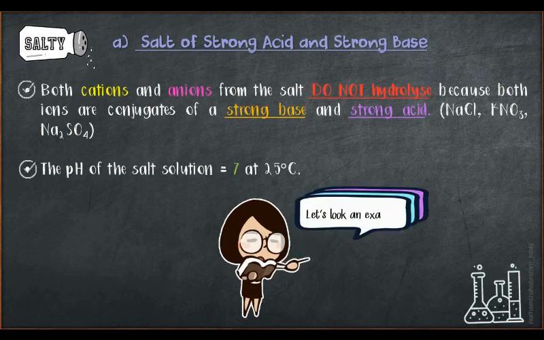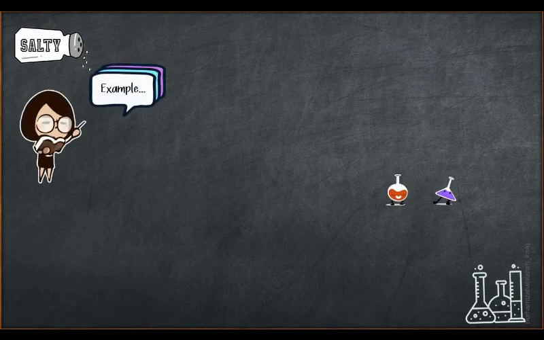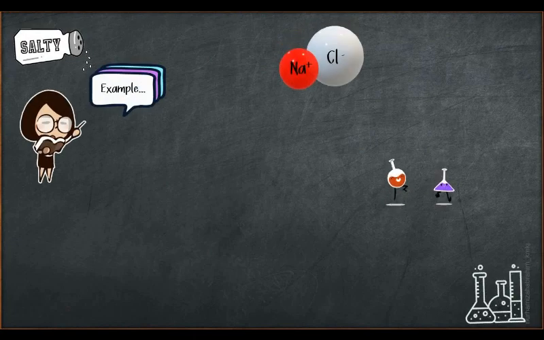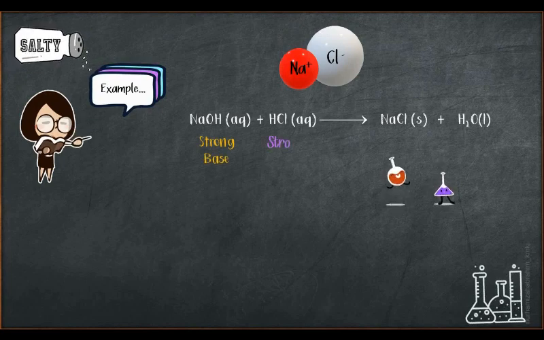Let's look at an example of salt hydrolysis from this salt. We take sodium chloride as an example. Sodium chloride is formed from sodium hydroxide reacting with hydrochloric acid, where the sodium hydroxide is a strong base, while the hydrochloric acid is a strong acid.